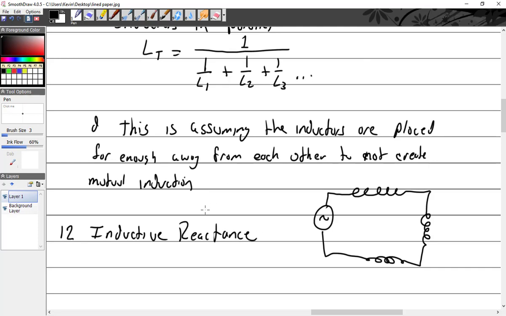So inductive reactance is to a coil what resistance is to resistors.